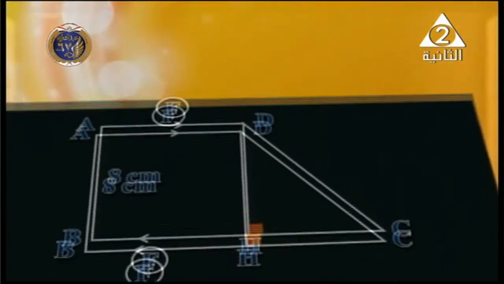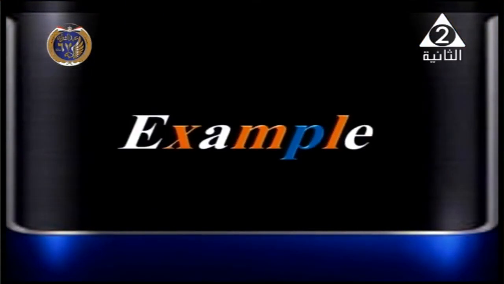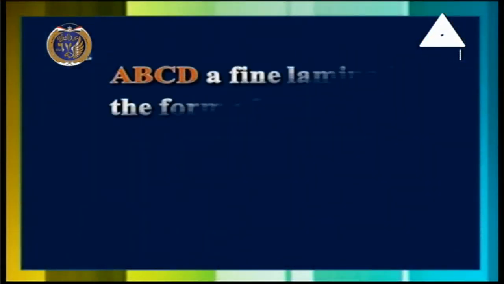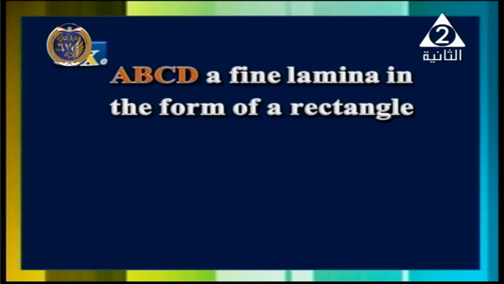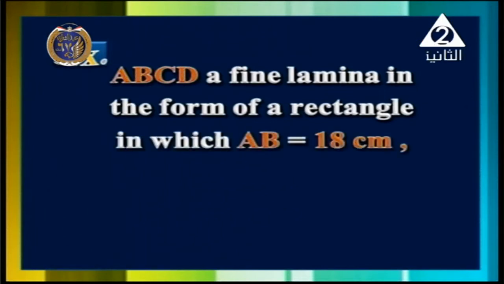Another example. ABCD is a lamina in the form of a rectangle in which AB equals 18 centimeter and BC equals 24 centimeter.